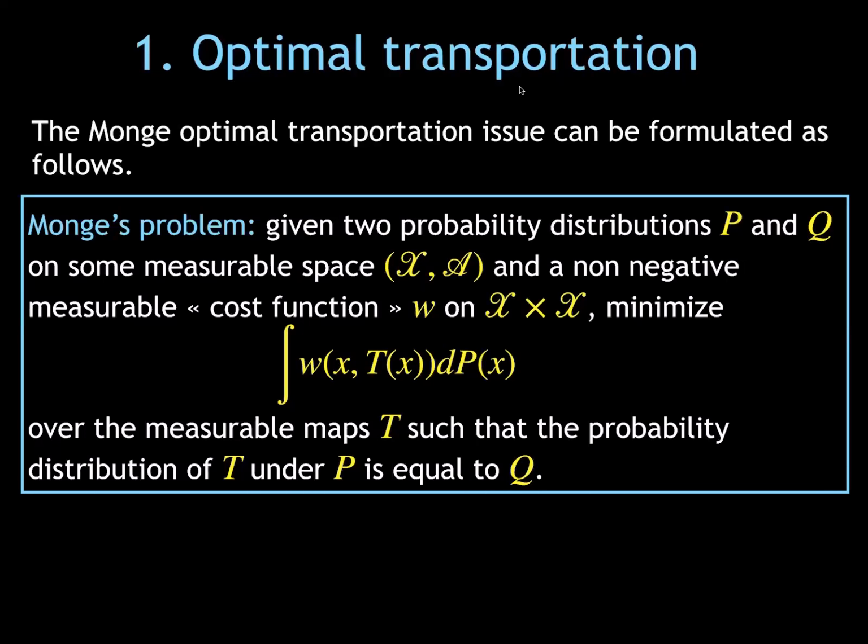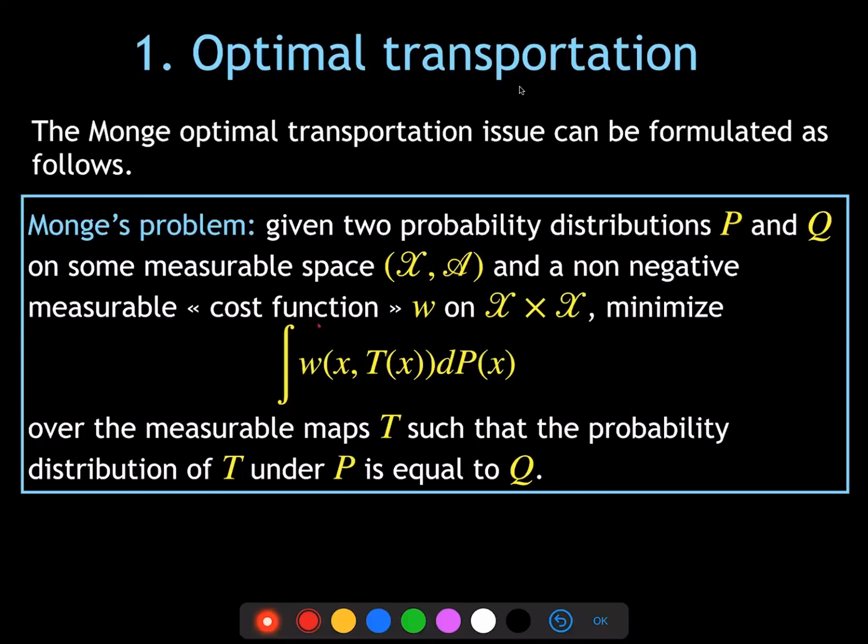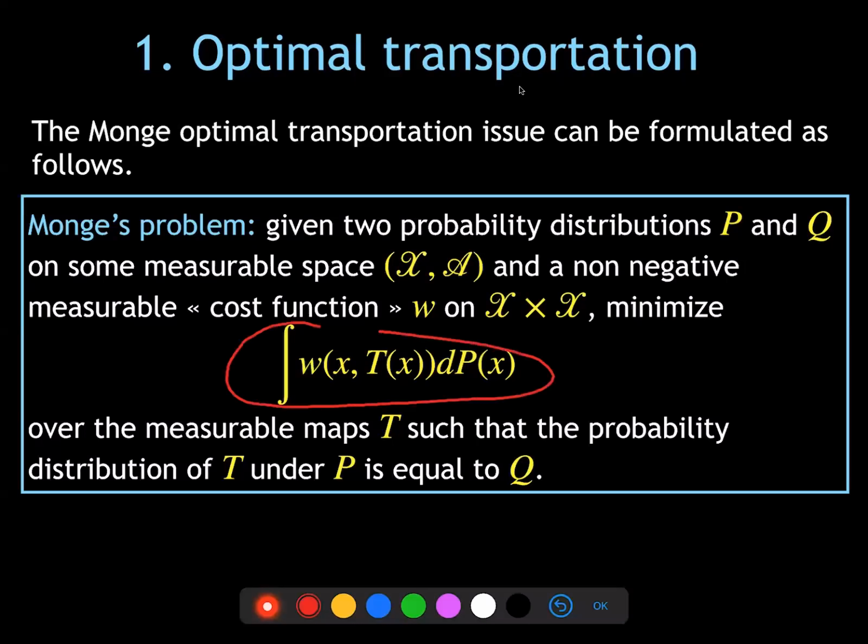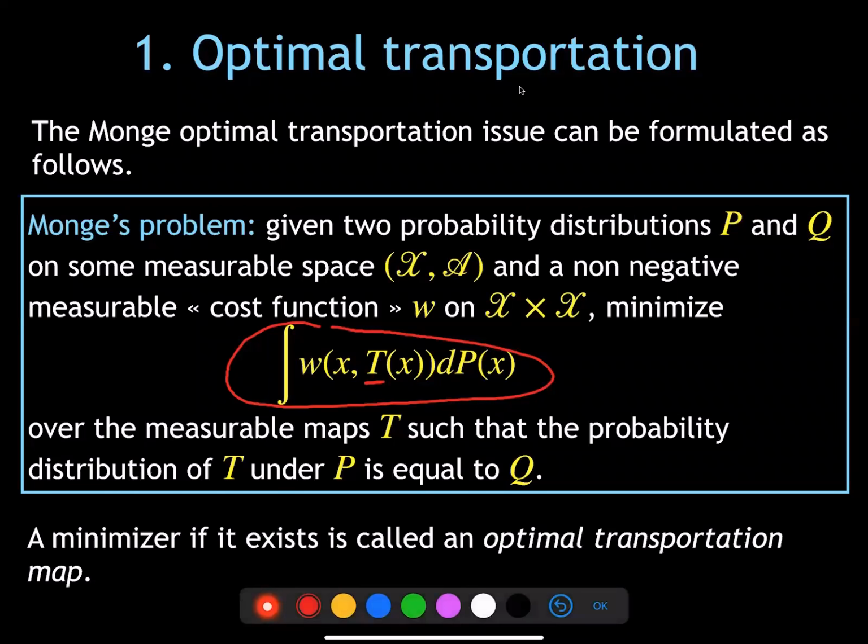So this means that you want to minimize this integral here. And the map which appears here, the map T, has to be such that the distribution of this map under P is equal to Q. So this is what people call pushing P on Q.